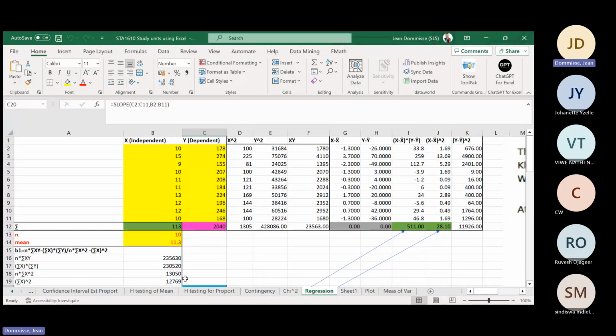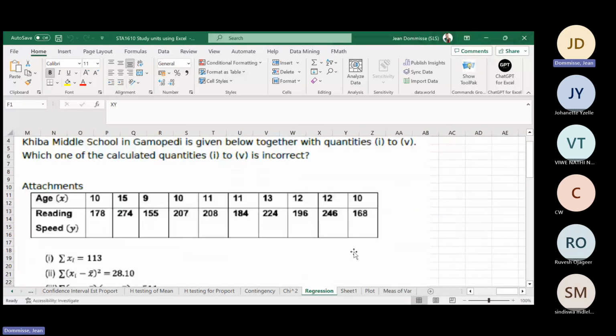Okay, so what you would see in this table is, for this data set where the X and Y was, we calculated the X square, the Y square, the X and Y. So all of those you can nearly get the different summations.